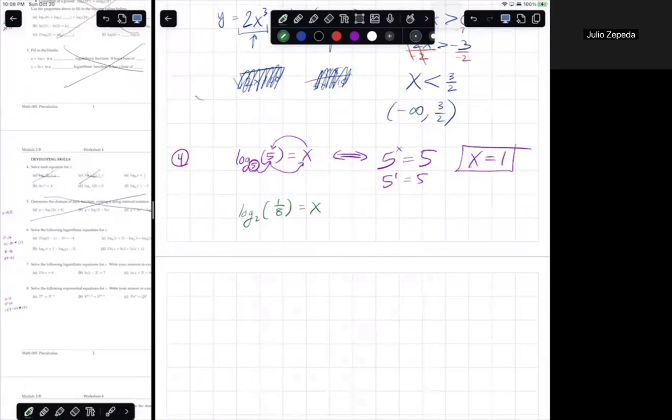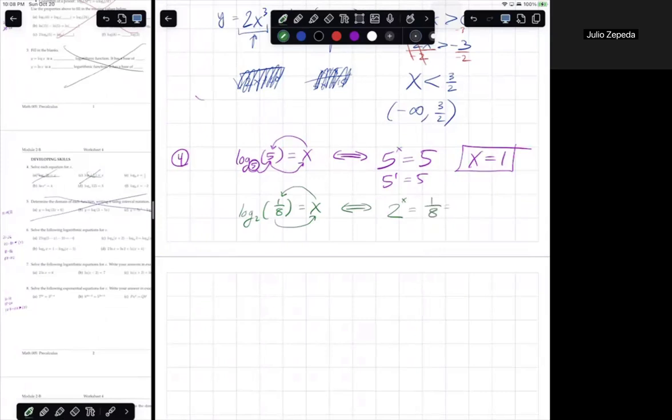Something like this, you might be able to figure out without even rewriting in exponential form. But if it helps, let's rewrite it. We take the base and make it nice and large, then raise 2 to the x power, equal to 1/8.